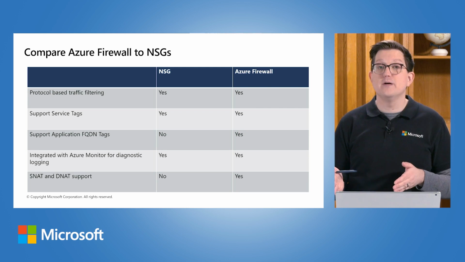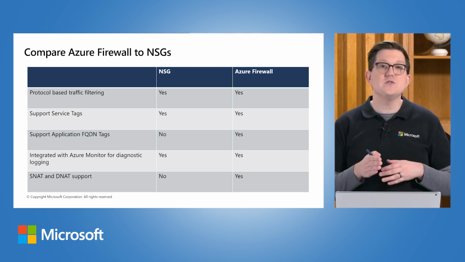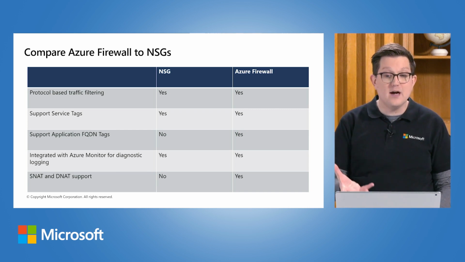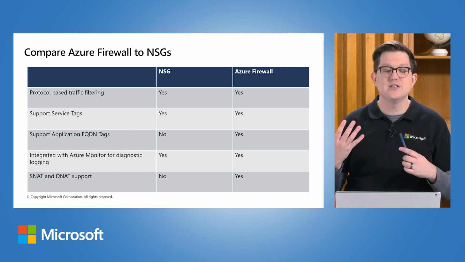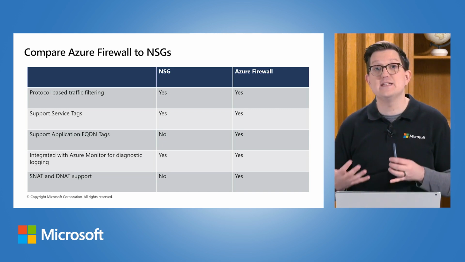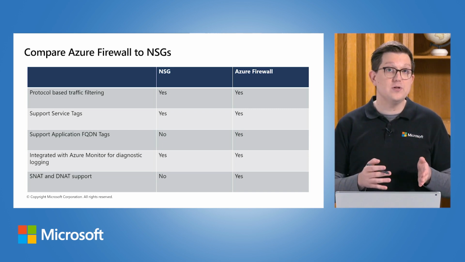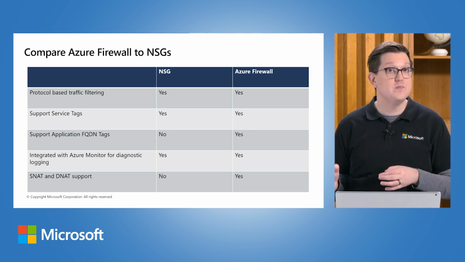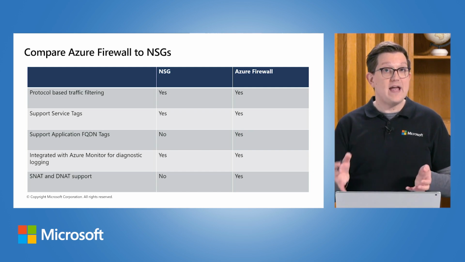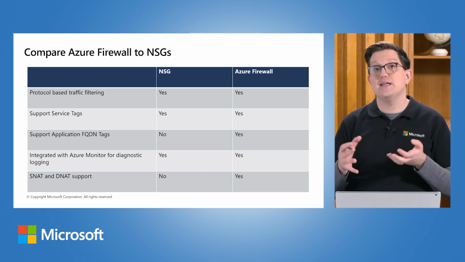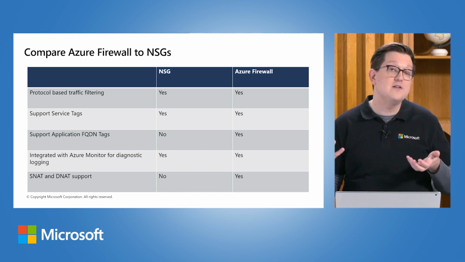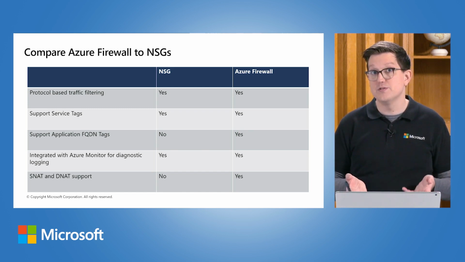The key thing to remember is that if that is all you are using firewall for, network security groups do not support the idea of an application style rule using FQDN tagging. If that is something you're looking for, you will absolutely want to look at one of the Azure Firewall SKUs. If you are looking for more advanced features, you will likely use these in combination in different parts of your environment. This is following the defense in-depth network model, so work with it.